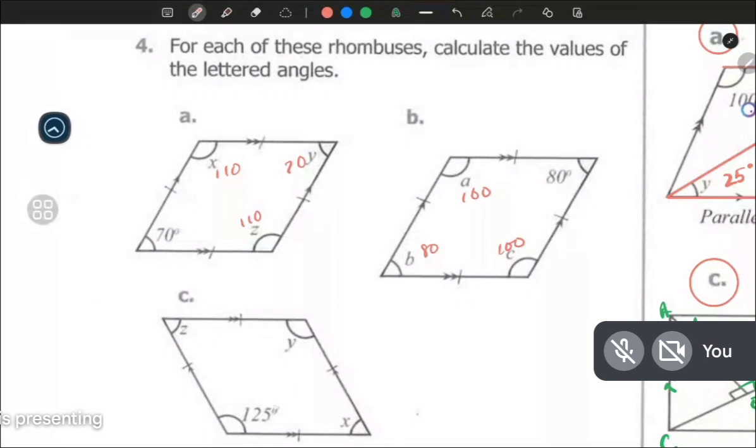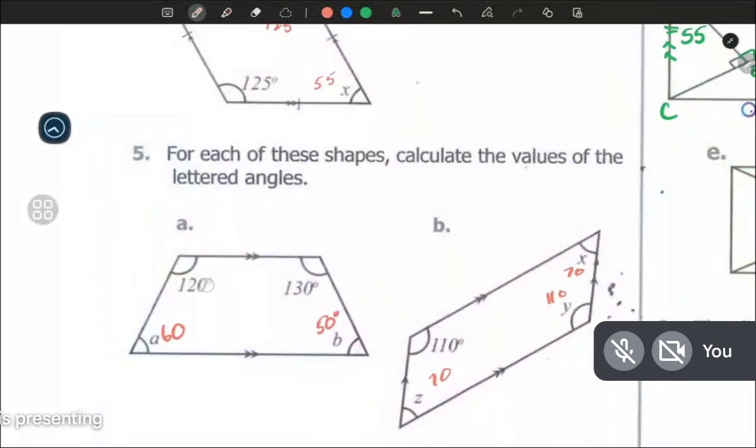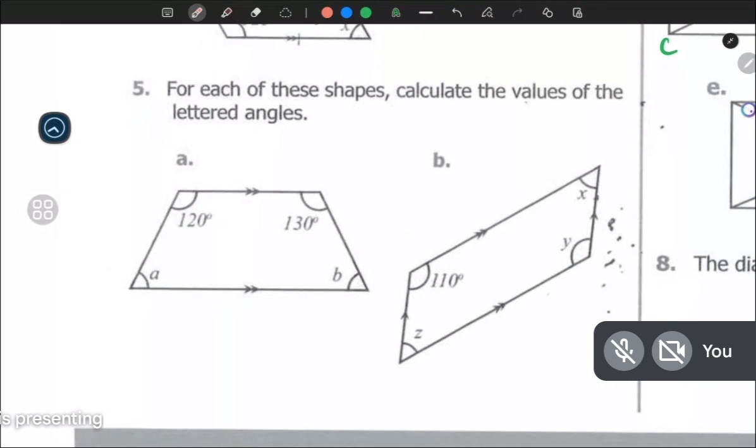Okay. X is 55, Y is 125, then Z is again 55. Good. Okay. Try these two, then we'll look at polygons just a little bit in order to understand what they are.